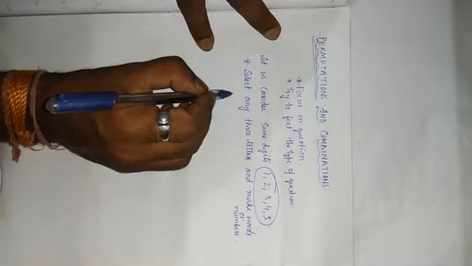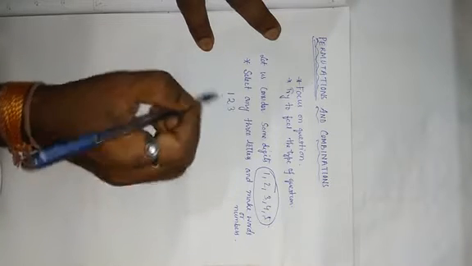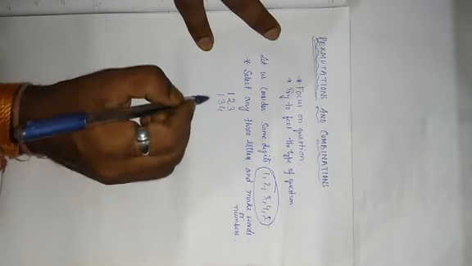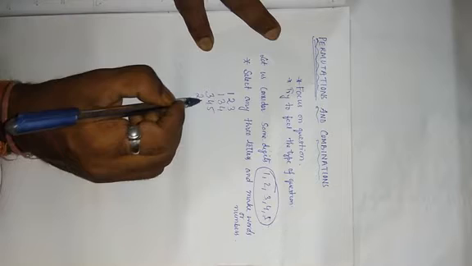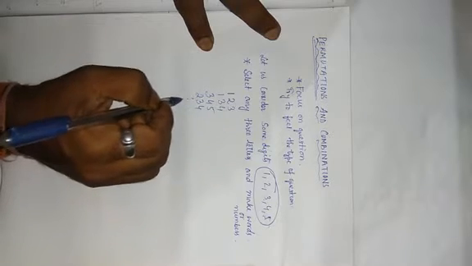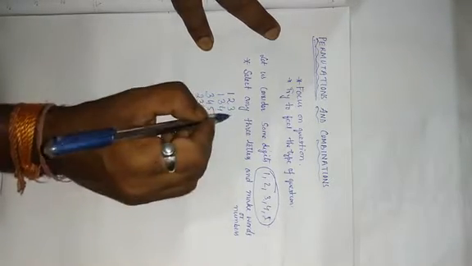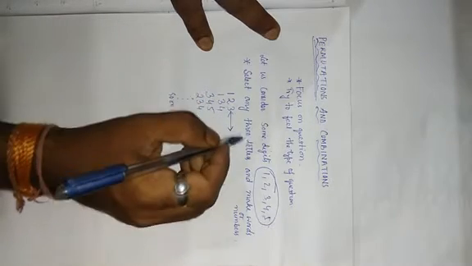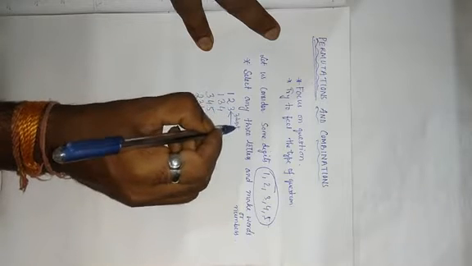Some students may take the numbers, suppose, 1, 2, 3. Some may take 1, 3, 4. Some may take 3, 4, 5. Some may take 2, 3, 4, and so on. Each formation of a 3-digit number, these are all 3-digit numbers.